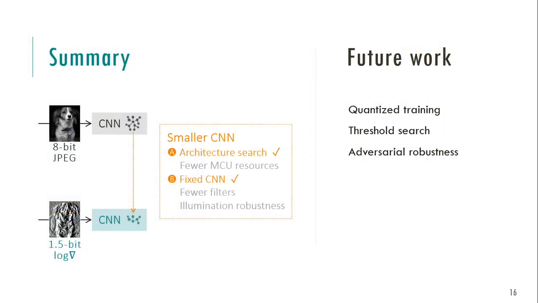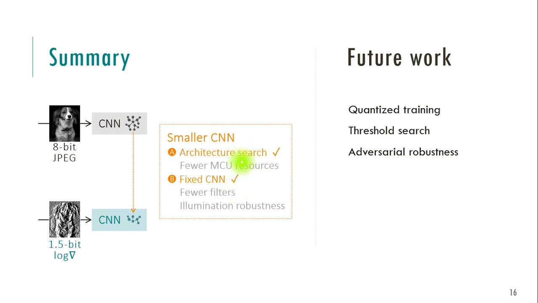So in summary, we use a log gradient pipeline, and then prove with 2 experiments that the convolutional neural networks will allow more compression. The two experiments are architecture search and fixed CNN architectures.